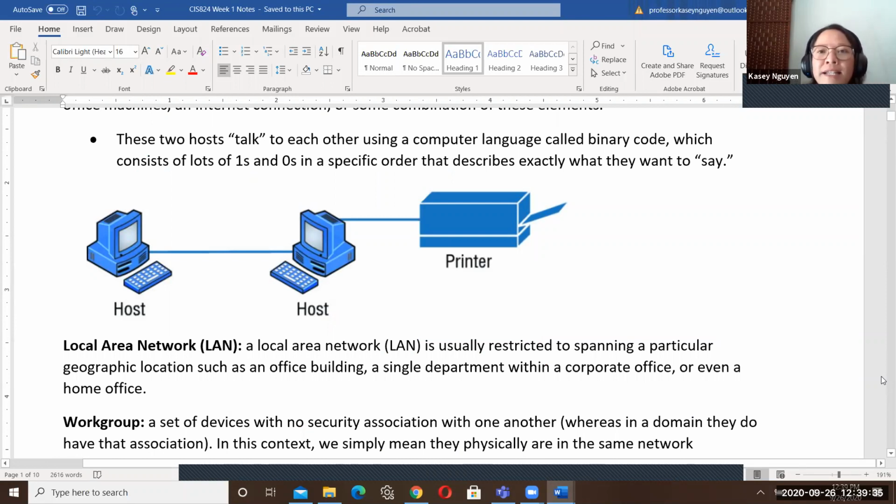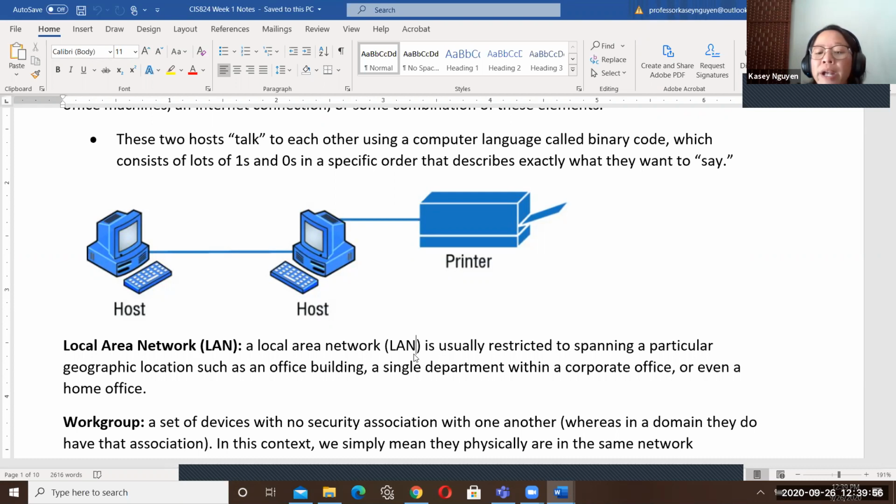Or an IT technician or a network administrator. You often see in the job description, it asks for knowledge or skills in the local area network, meaning that in that physical building, in that business.